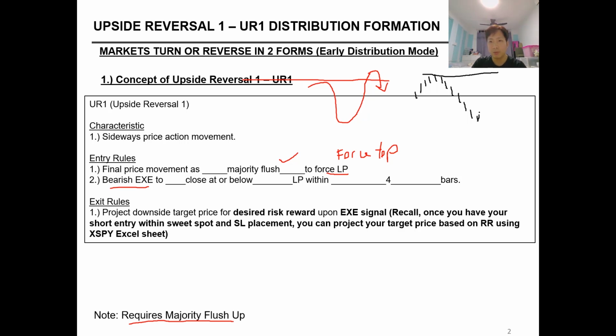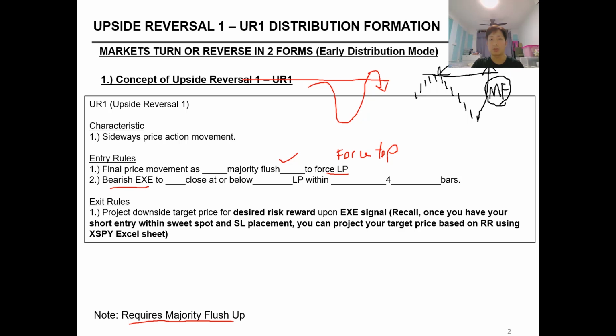We want to see that price has this flush up. We call this the majority flush to force the top. When I draw this symbol, a half rectangle symbol, it means that there is a force top symbol. So we want to check for this thing called a majority flush that forces the top.